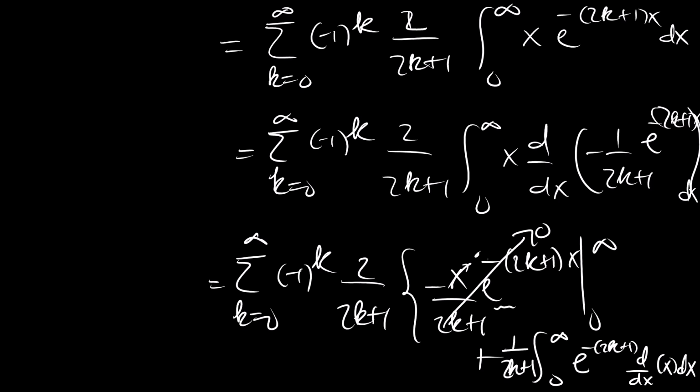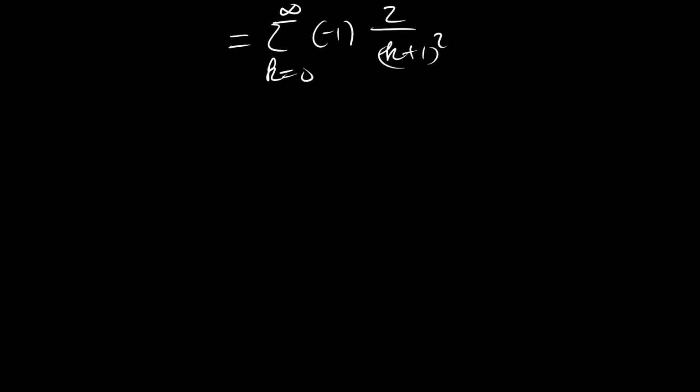So in other words, we have come to a point where we have the summation from 0 to infinity of negative 1 to the k over 2k plus 1 squared, times the integral from 0 to infinity of e to the power negative 2k plus 1 x.